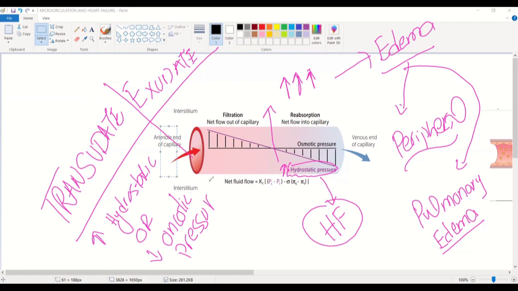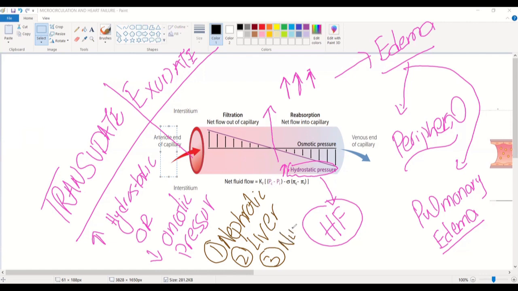Nephrotic syndrome, malnutrition, and liver diseases. These lead to transudate, and in this way they lead to edema, right?